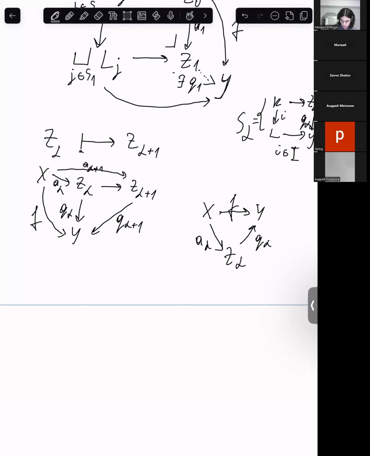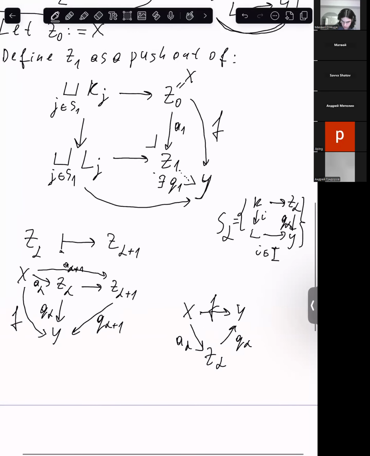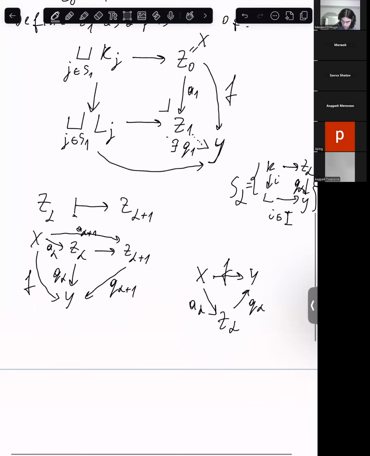We will stop our iterating. If we have a limit ordinal, we just take a colimit of all previous Z betas.